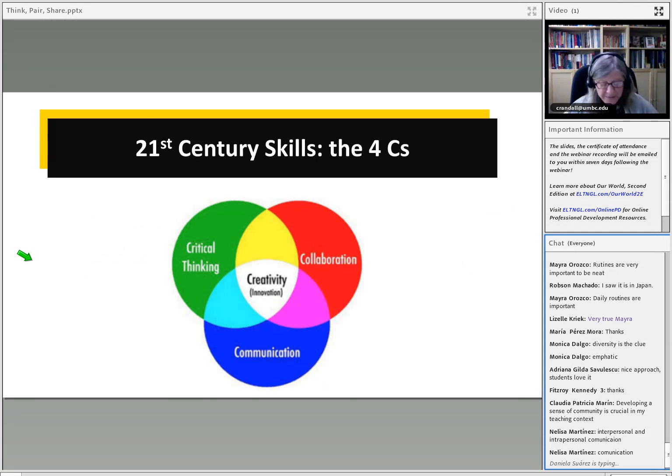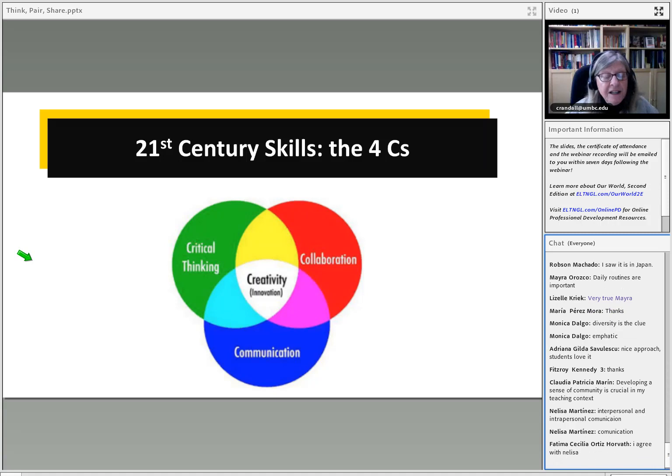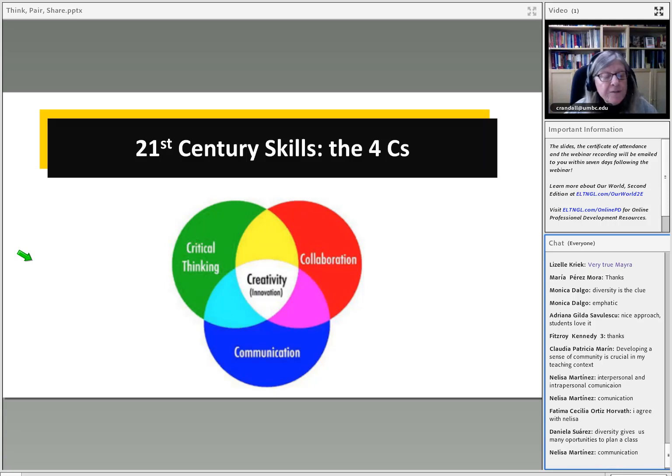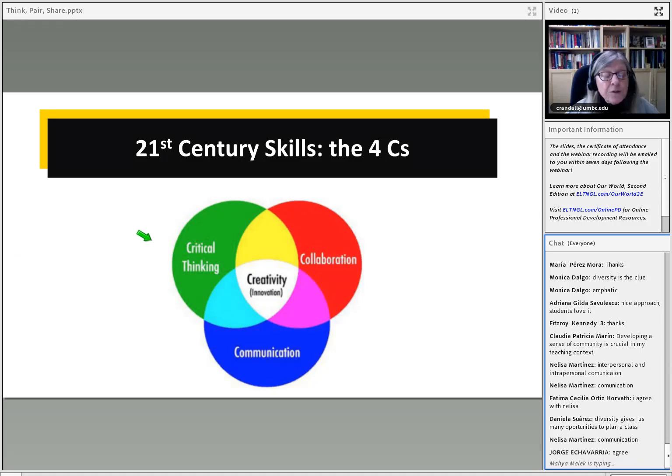So think, pair, share can be used in almost any activity that you could be thinking of. They desperately need it in order to be able to develop some of these critical 21st century skills, which are commonly known as the 4 C's. In think, pair, share, they begin with critical thinking. They think about and reflect and apply it to their lives.